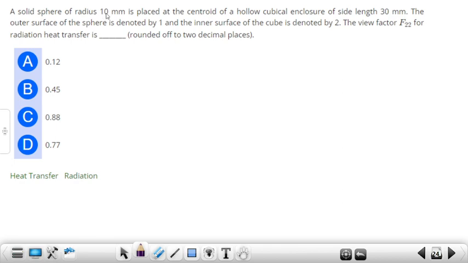Next, a solid sphere of radius 10 mm is placed at the center of a hollow cubical enclosure of side length 30 mm. The outer surface of the sphere is denoted by 1 and the inner surface of the cube is denoted by 2. We have to calculate the view factor F22.